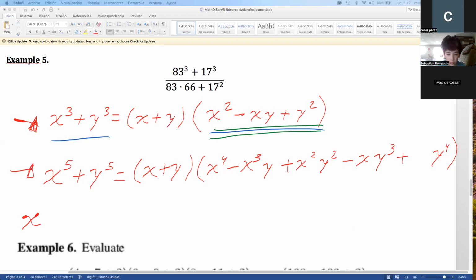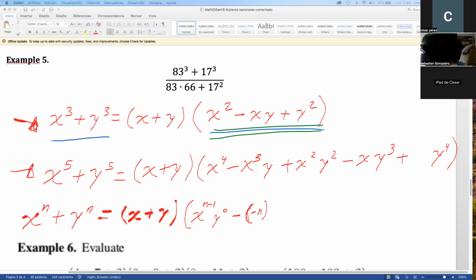And if we have x^n + y^n, this will be (x + y) times (x^(n-1) y^0 minus x^(n-2) y^1 ...). This power is the same as the power of y.